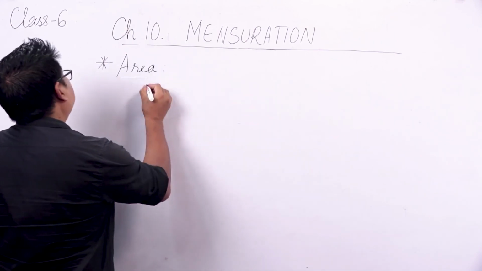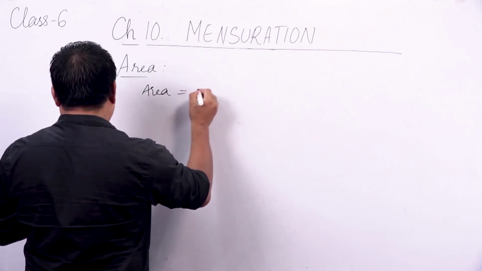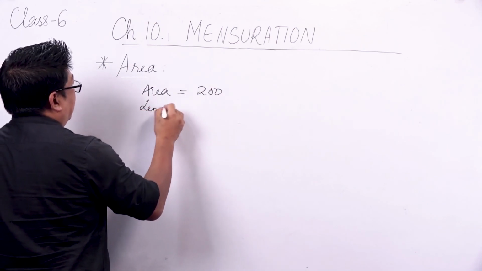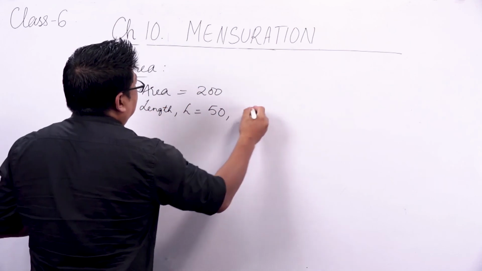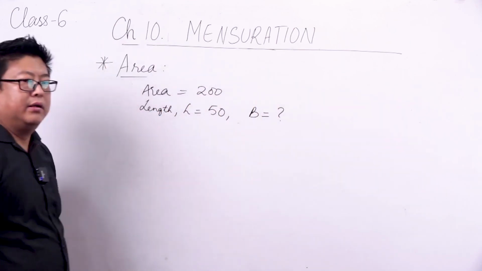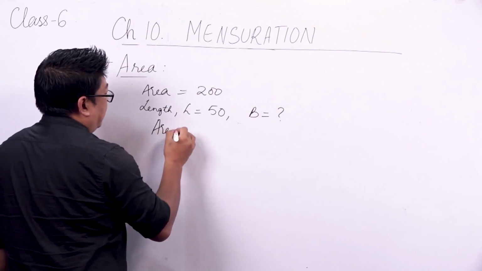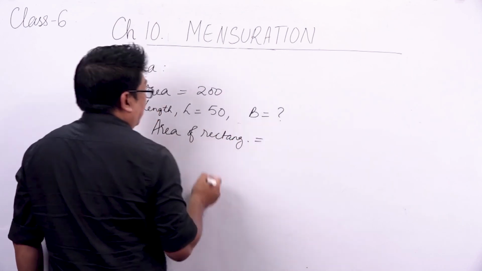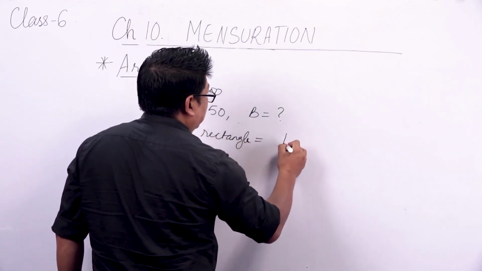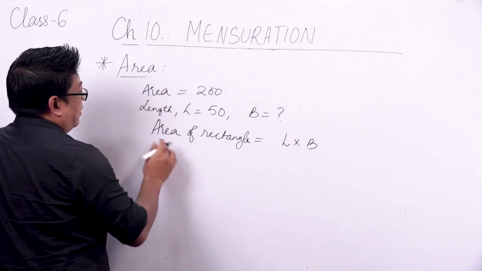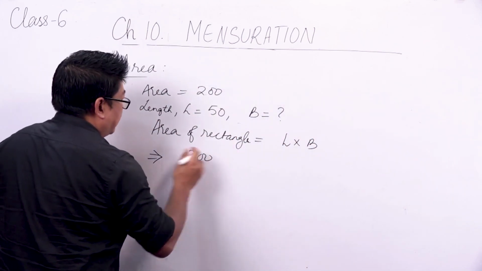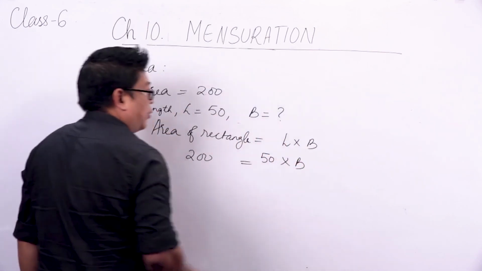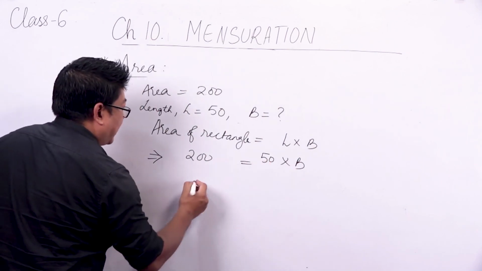Some questions where you are given the area first. Let's say your area is 200 and the length, or L, is given as 50, but breadth is not given. Since you know the formula for area of rectangle, length into breadth, and area of rectangle is already given as 200 and L is already given as 50, B we do not know, so we have to find B. So this 50 I will bring to this side.